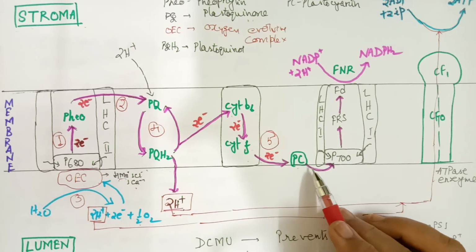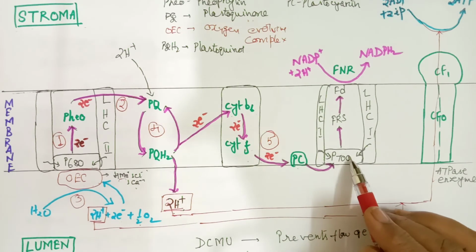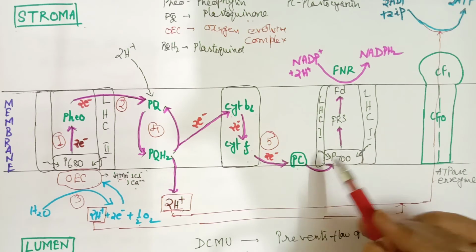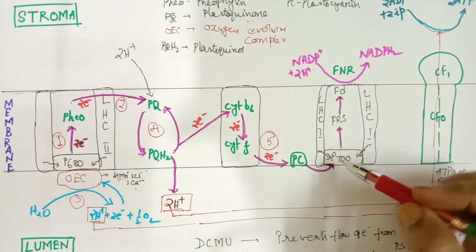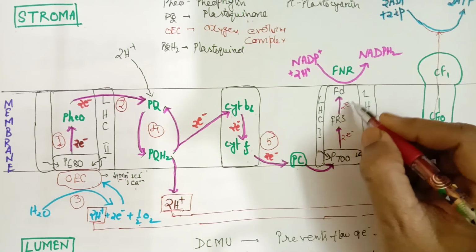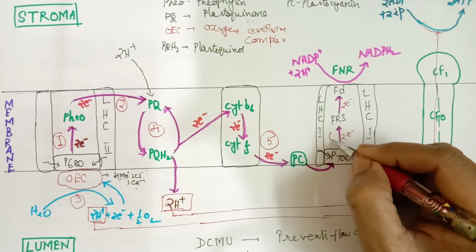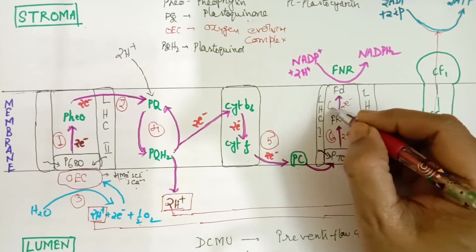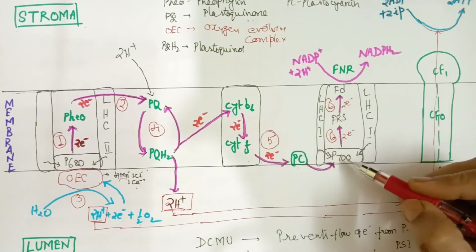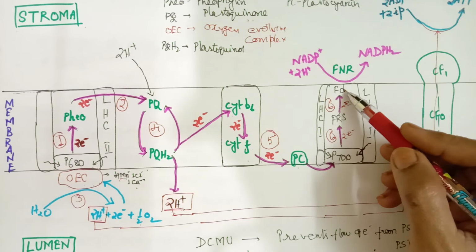Now, from plastocyanin, the electrons must reach P700, but before that, P700 must first absorb light and then pass on the electrons to the primary electron acceptor. This we consider as the 6th step. So in 6th step, from P700 to FRS, ferredoxin reducing substance, and then to ferredoxin.